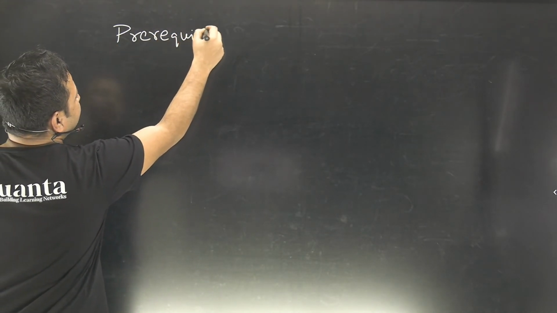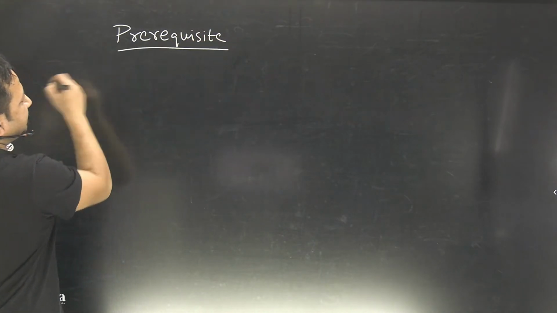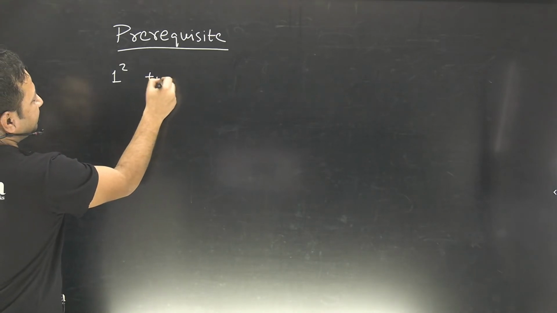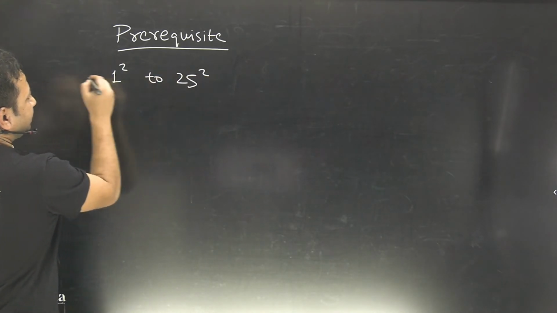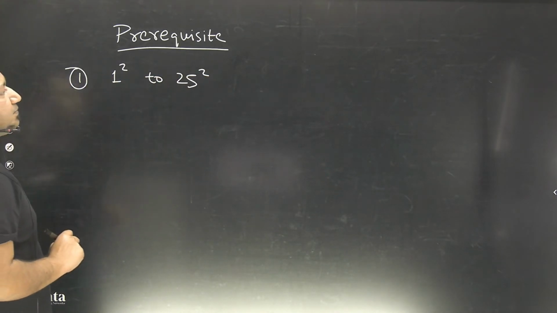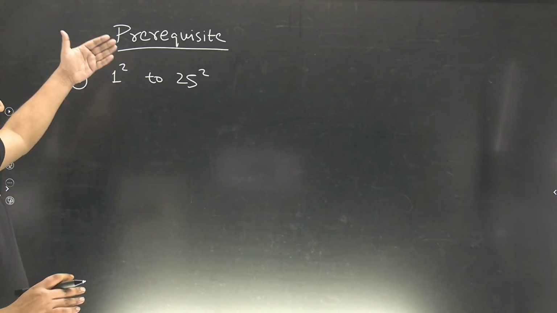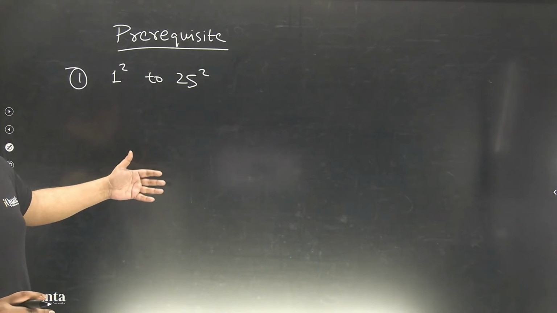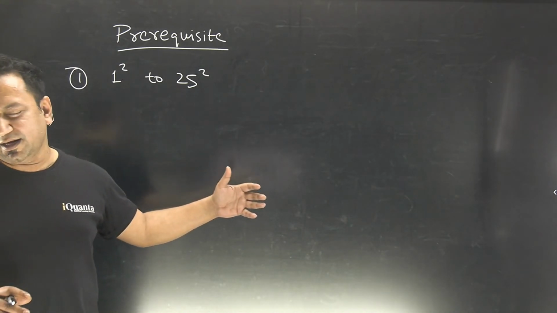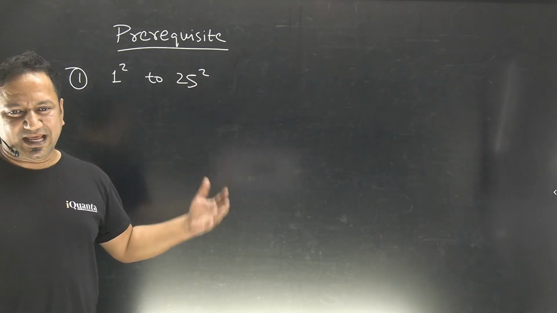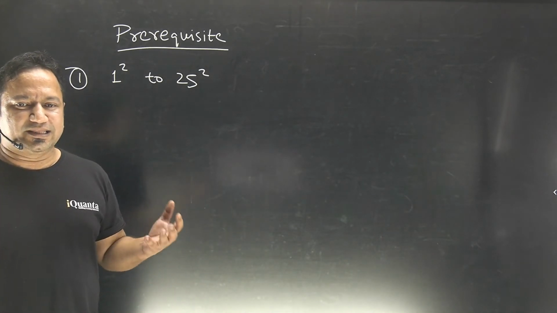The prerequisite to learn these methods is that we need to learn the squares from 1 to 25. The most important thing. Just learn these 4 to 5 things, and all the rest I tell you can be derived logically. You would not even have to theorize formulae.